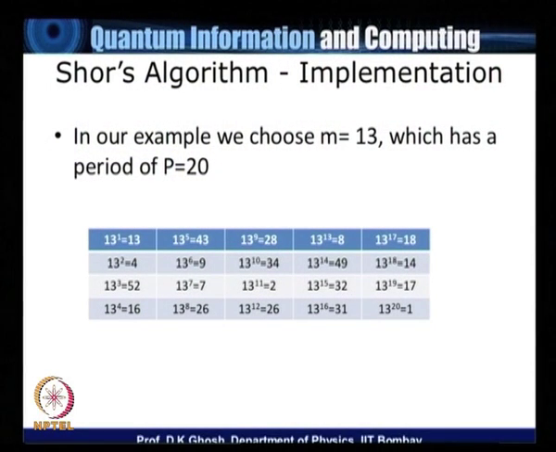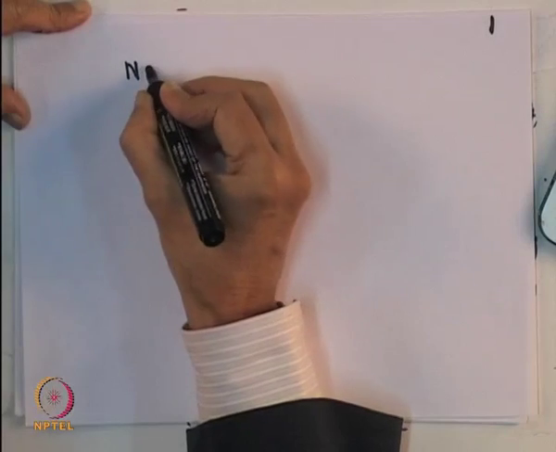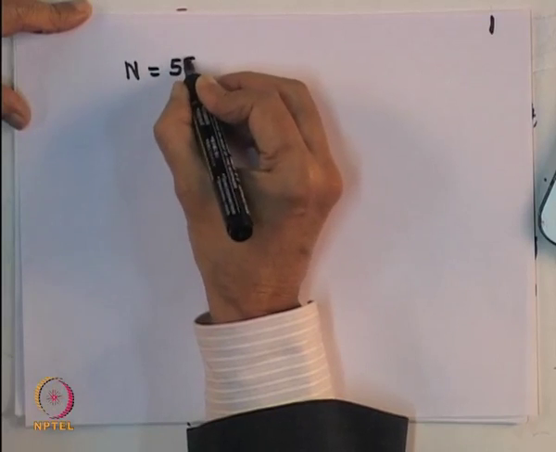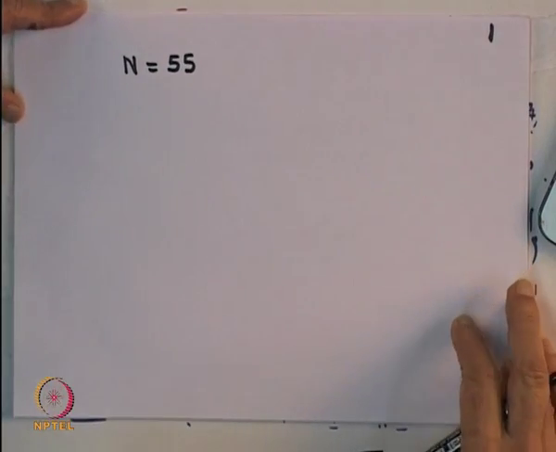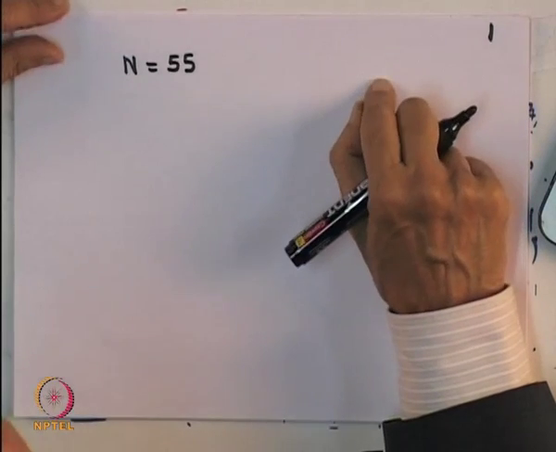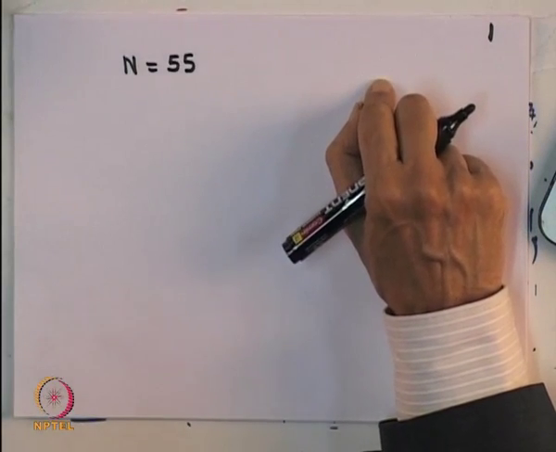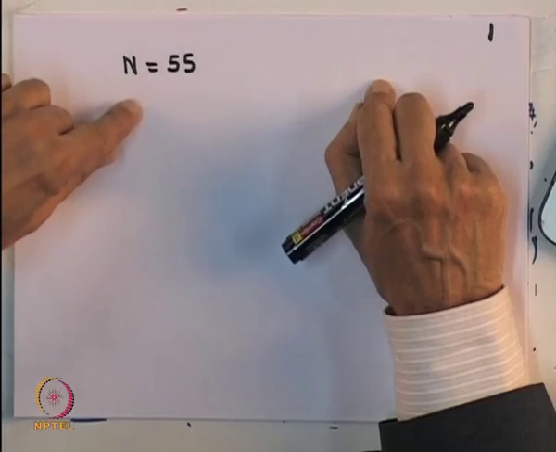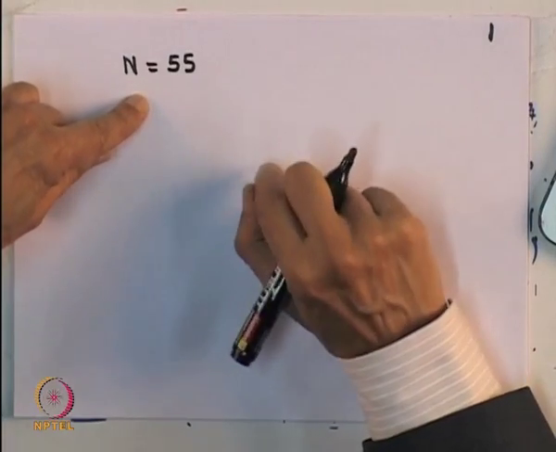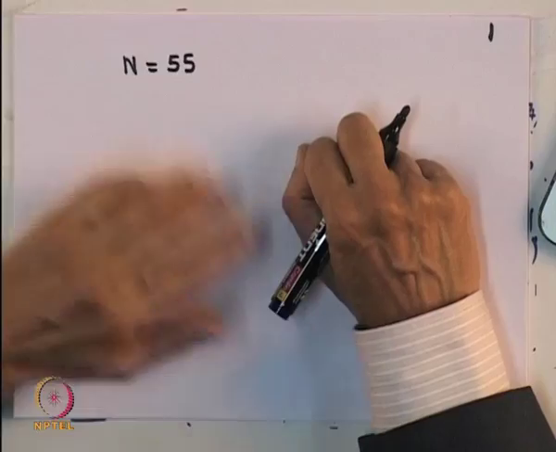Now let me illustrate this with an example. I will take the number N to be 55. Now you would say that you are using a quantum computer to factorize such a small number. As I have told you time and again, I would like the principle to be illustrated by small numbers which I can execute on the desktop.